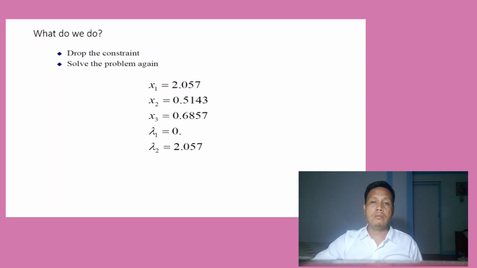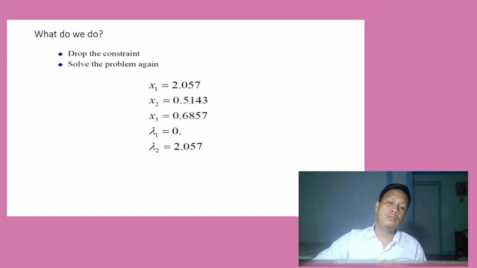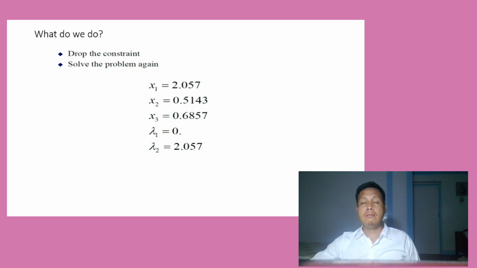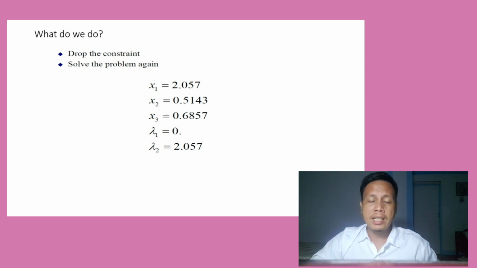So what do we do? So we have to drop the constraint and solve the problem again. Since lambda 1 is a negative number, we will set lambda 1 equal to 0 because it violates the conditions.